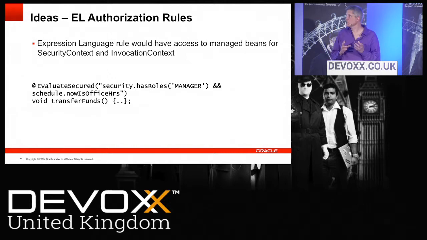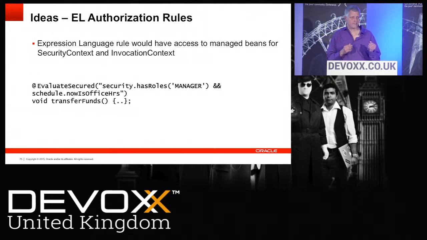So here's one example of a proposal we had. This would be using expression language authorization rules. You'd be able to use an expression language rule to gain access, that would let you have access to the security context and the invocation context to build a rule that would gate your access. So in this case, we'd have an @EvaluateSecured, which would take in the EL.